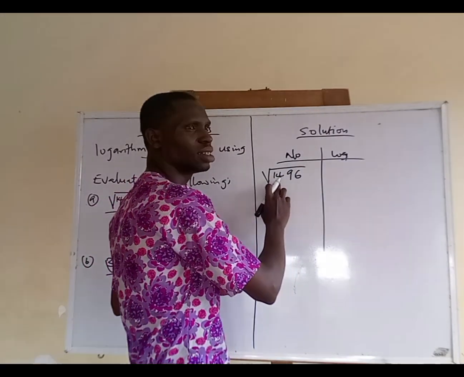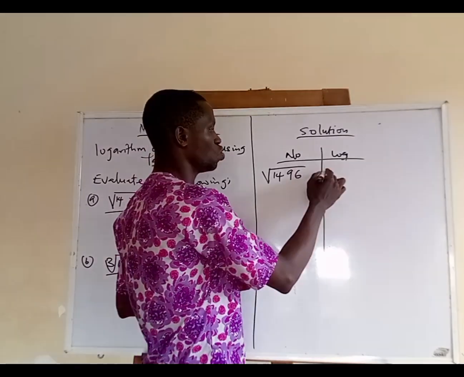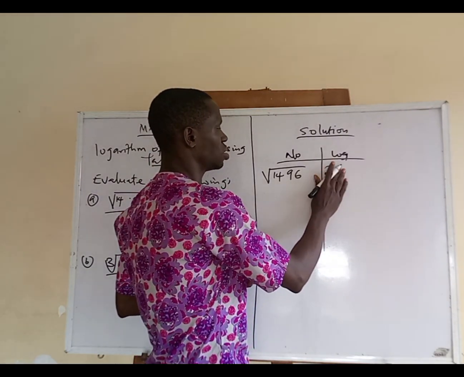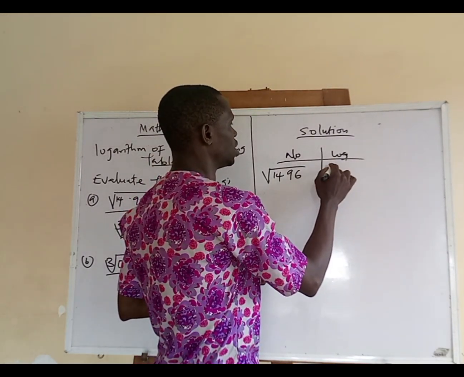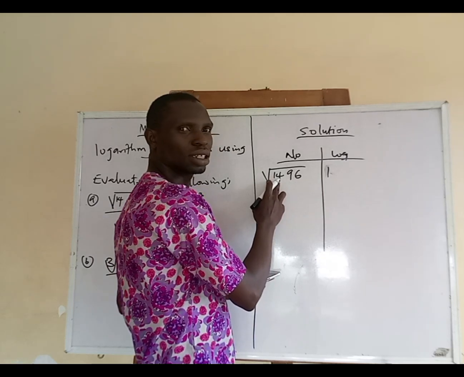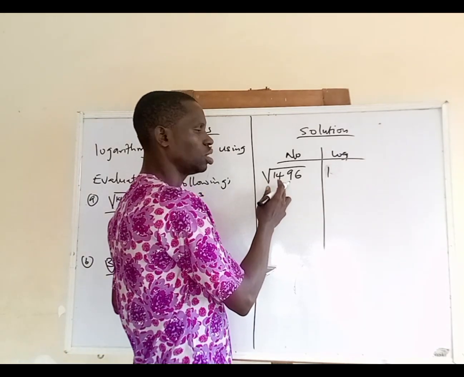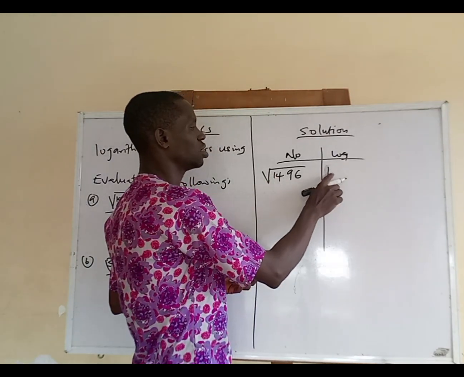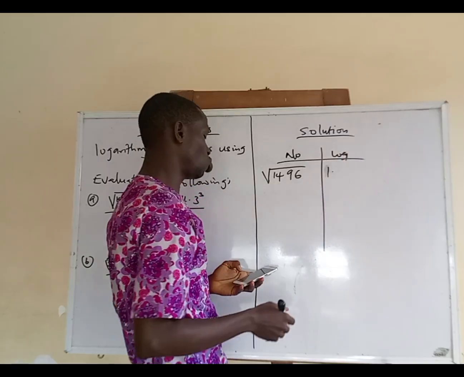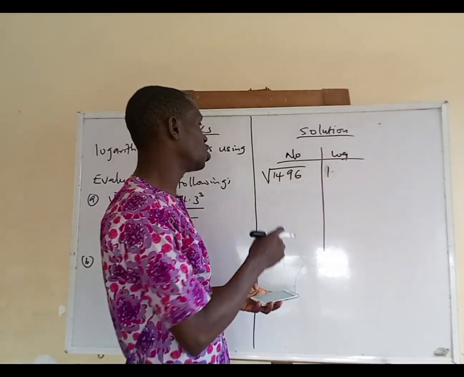The integer of 14.96 is 1. If you still remember, that is, we have 2 numbers before the point, then you subtract 1 from the number remaining, 1. Then you put the point.